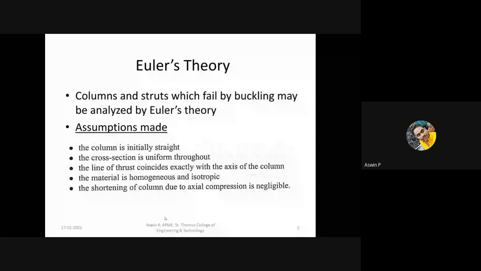So first of all, you have to write the heading Euler's theory. Please write down Euler's theory.